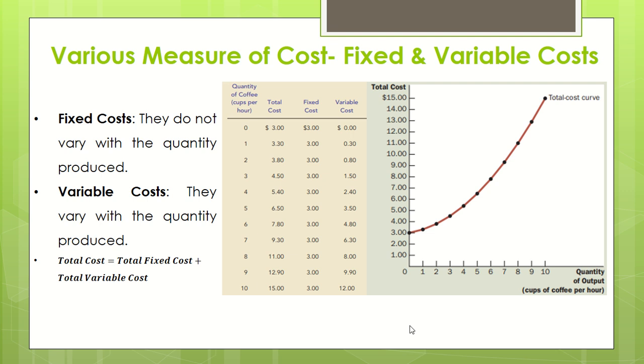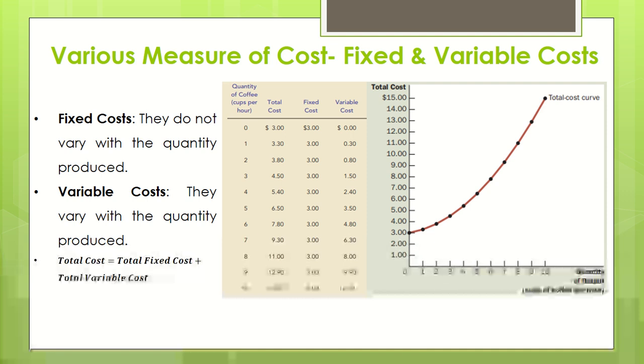Now coming to the second cost, that is the variable cost, and variable cost is that cost that can be changed in short run. For example, cost of labor is a variable cost. Cost of raw material that is used in the production of a good, these are known as variable costs. As the name tells, these costs are changing and are not fixed.